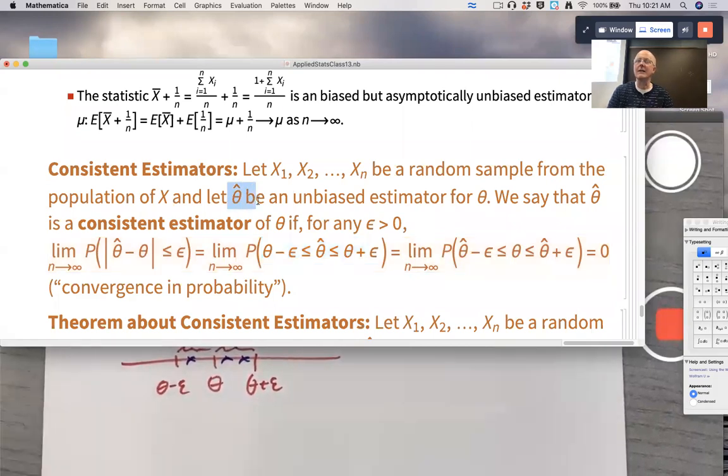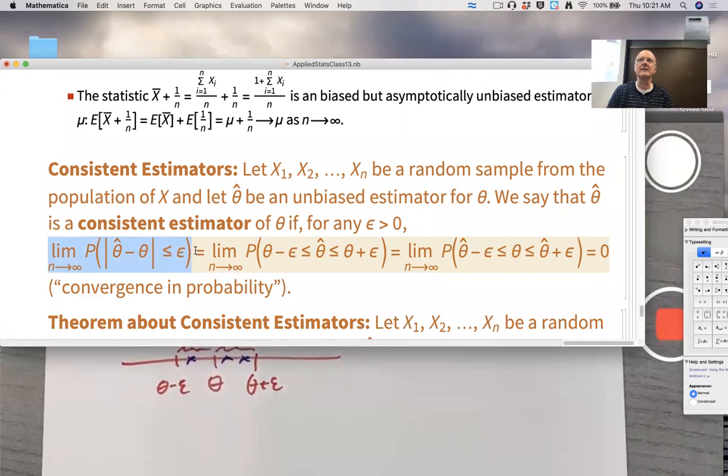The likelihood, imagine epsilon to be small, like 10 to the negative 3 or something. The probability that theta hat will take on a value within 10 to the negative 3 of theta gets less and less likely as n gets larger and larger.